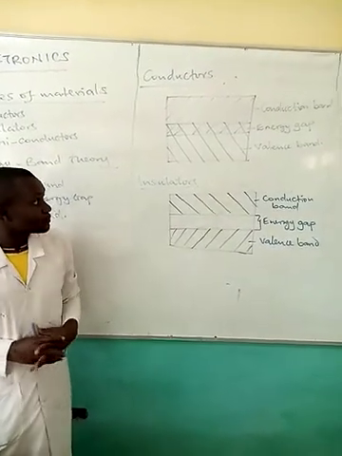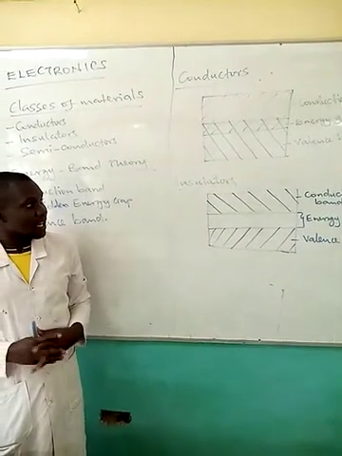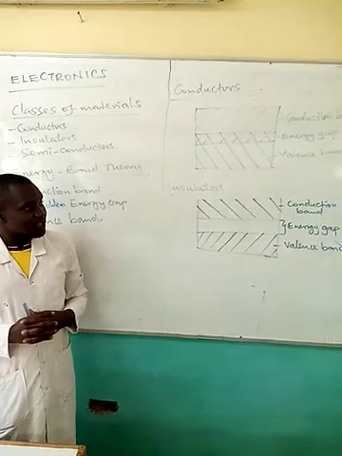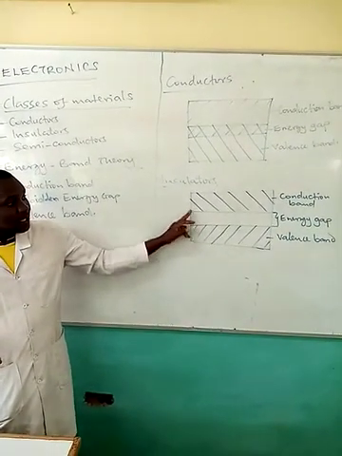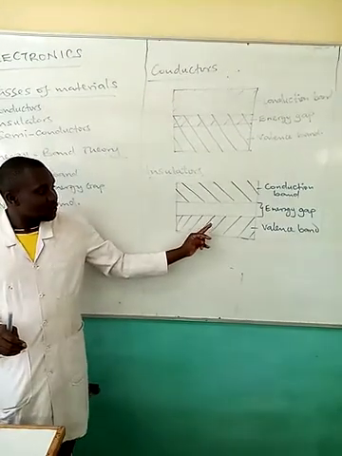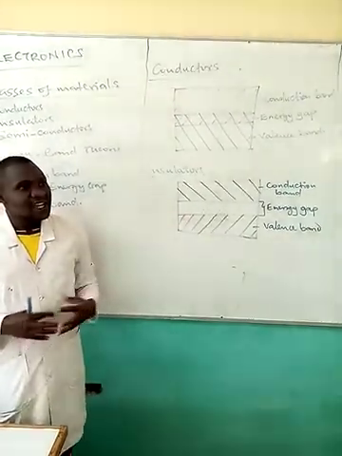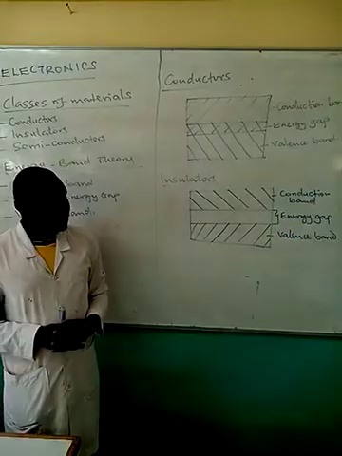So in conductors, we have the valence band and the conduction band overlapping at the energy gap. When we come to insulators, they are not able to conduct, and the reason is that they have a wide energy gap between them. So for electrons to flow from the valence band to the conduction band, they need more energy, and that energy may not be achieved even through heating.